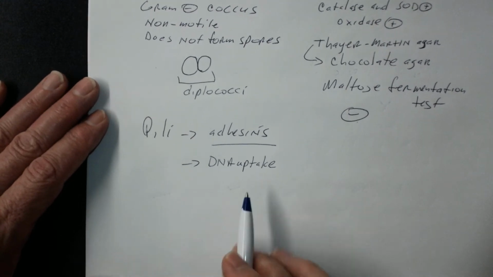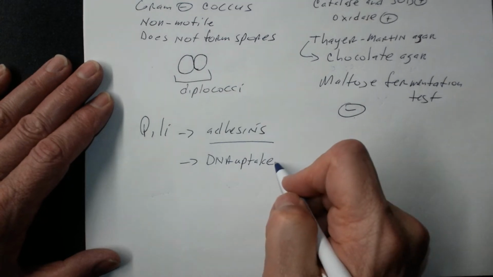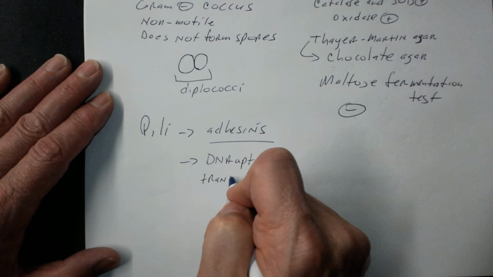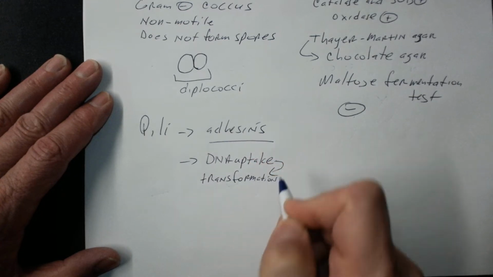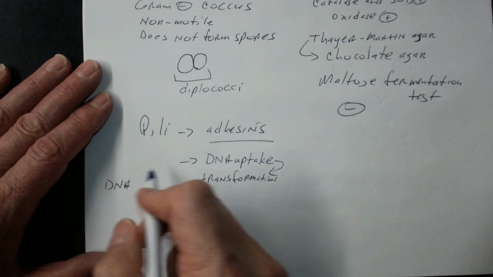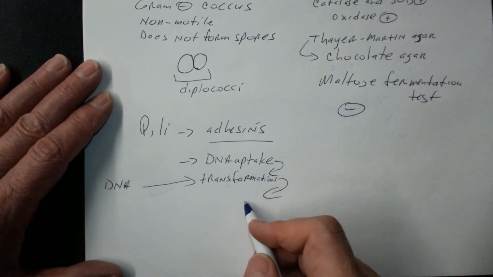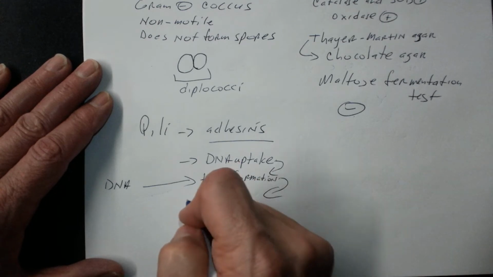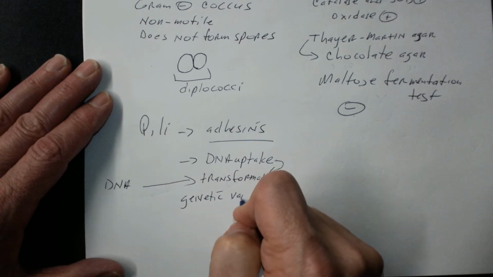So Neisseria gonorrhea and other members of the genus Neisseria have the ability to undergo genetic variation via transformation. They take up DNA from the environment. That then gets incorporated into the genome, and therefore you get a respectable amount of genetic variation.